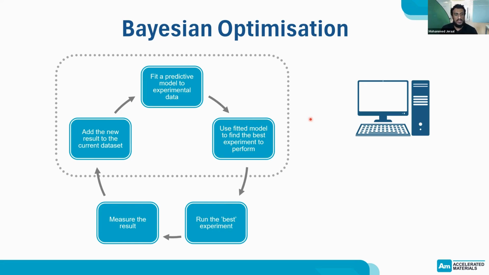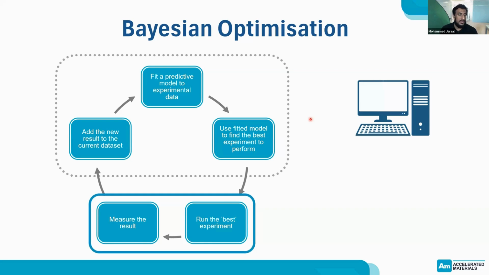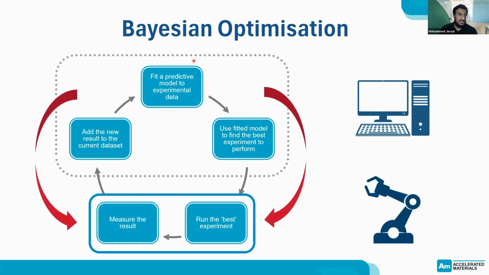Where we can unlock real power in the process is if we automate running the experiment and collecting the result. Because then what that allows us to do is give the algorithm full control over the entire process. Once it's modeled the experiment and found an experiment that it wants to run, it can then autonomously run the reaction, collect the data on its own, append the data to the existing set on its own, and decide what it wants to run, again, completely without human intervention.